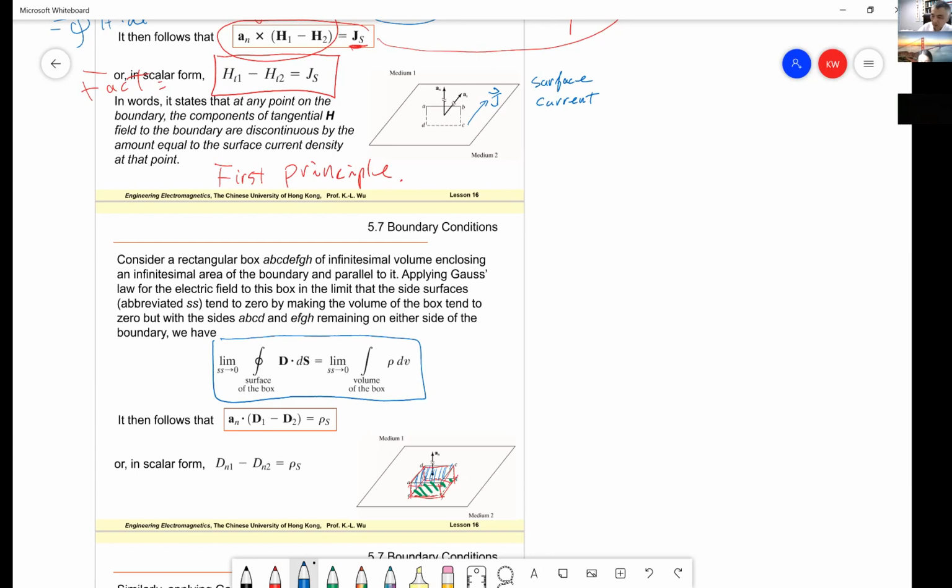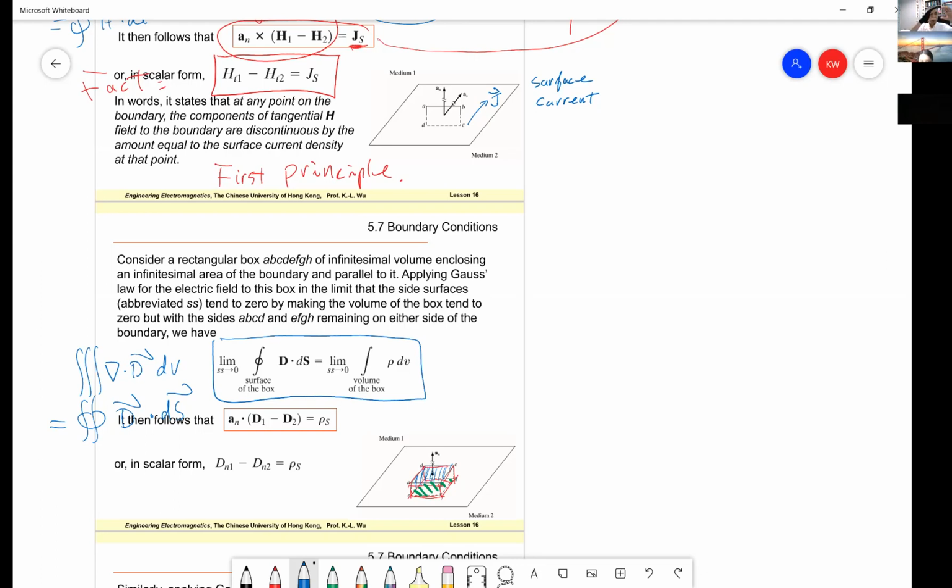What that says is that the volume integration of D equals the total charge included. This is the integral form. However, using the divergence theorem, this volume integration we can express as a surface integration. Let's deal with the surface integration.